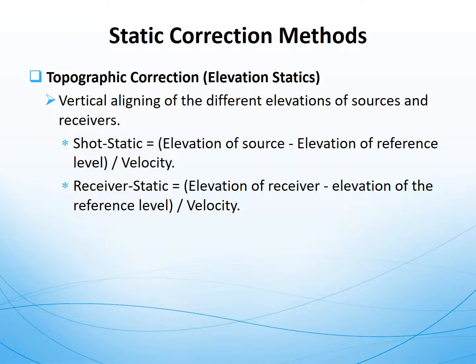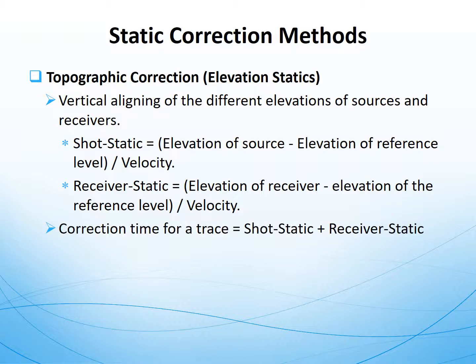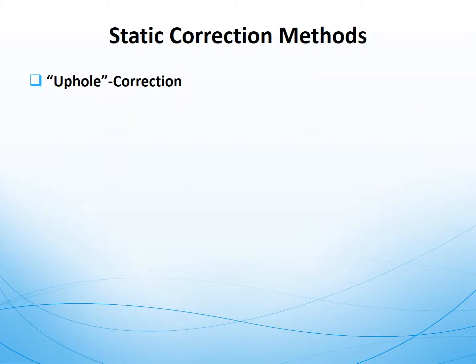The receiver static is the elevation of the receiver minus the elevation of the reference level divided by the velocity value. Therefore, the total time correction is the shot static plus the receiver static. This will give you the total value of the correction required.